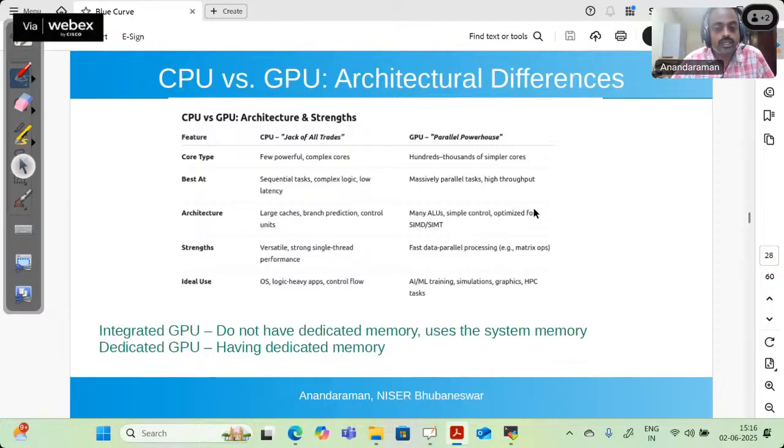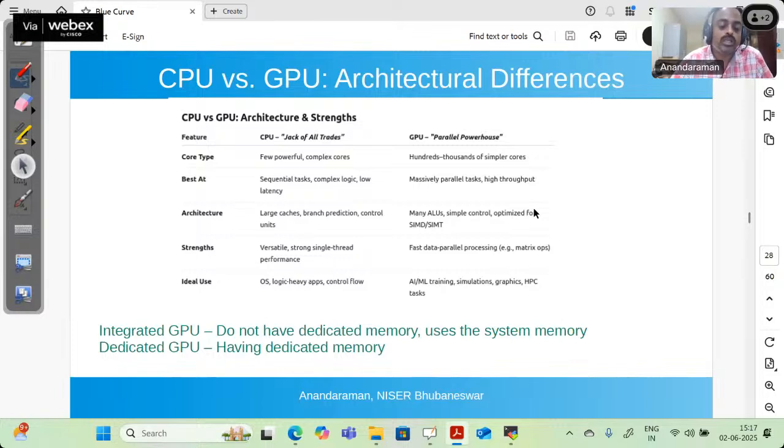And it follows single instruction, multiple data as per Flynn's taxonomy; single instruction, multiple thread is also here. It's vector processing. So the CPU has strong single thread performance, but the GPU has fast data parallelism, mainly good for matrix solving. The CPU handles the OS, logic-heavy apps, and control flow.